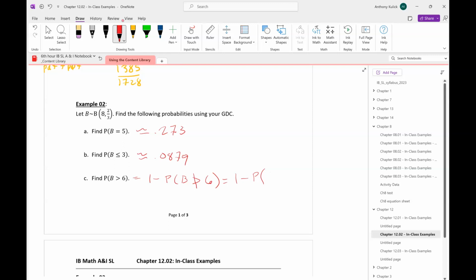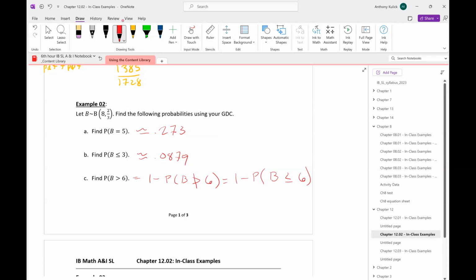Okay. So, and 6. Right? If you're not greater than 6, you could be 6 still, right? 6 is not greater than 6, it's equal. So if you're negating a strict inequality, it gets you the or equal to version.